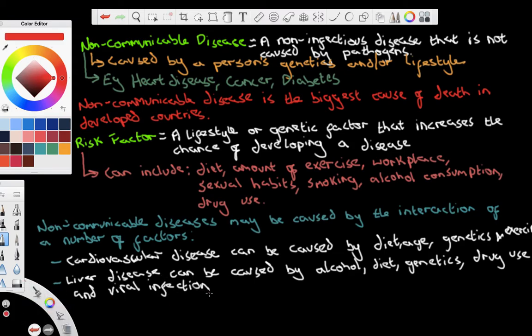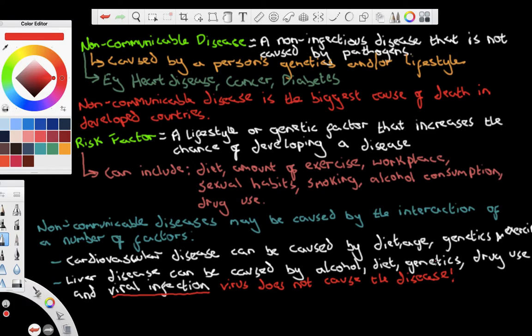So I'm just going to underline that in red and say that the virus does not cause the disease. All it does is it increases your chance of getting it, much like the banana in our starter. The banana doesn't cause you to fall, it just increases your chances of falling.